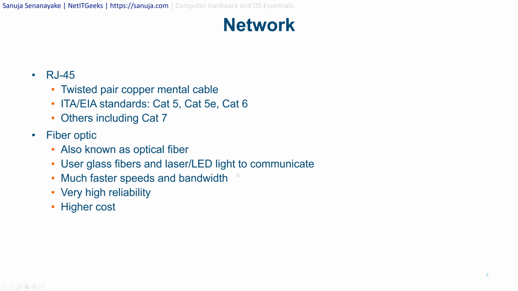So fiber optics not only provide you with higher bandwidth but also better reliability of transmitted data. And one more thing I want to mention: better reliability over a long distance, as well as better security, because it is much harder to intercept a fiber optic cable.